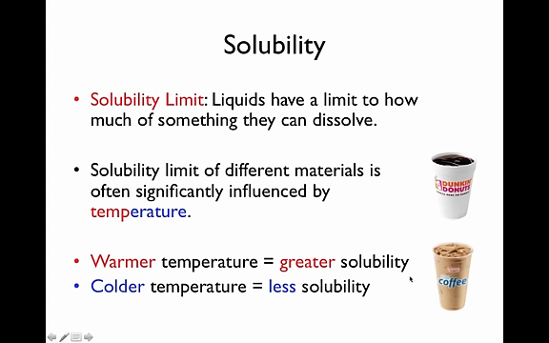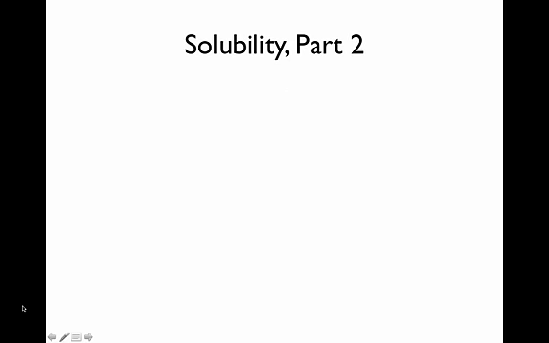And that is basically because the solubility limit of sugar in these liquids is influenced by the temperature. Warmer temperature, you can dissolve more. Colder temperature, you can dissolve less. So again, we will get to the whole point of the lab, but in a moment.